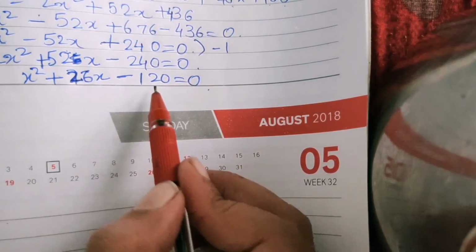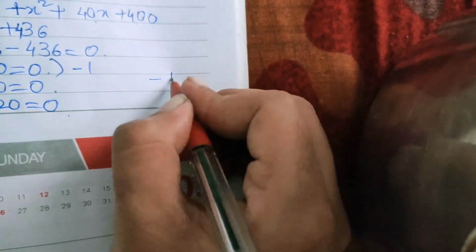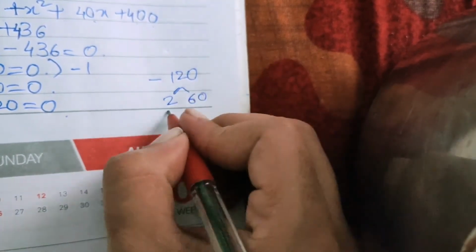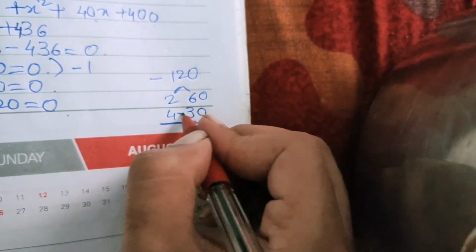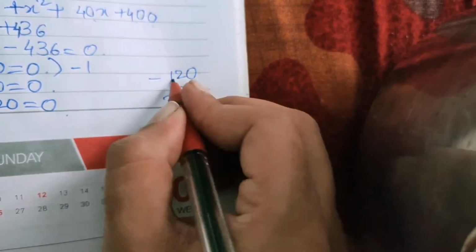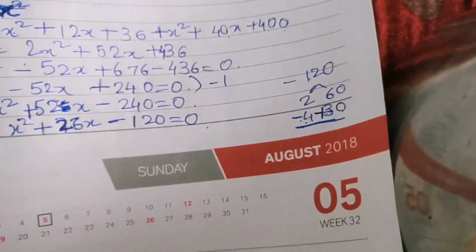So now we will find factors of minus 120 such that the sum is 26. If we take plus 30 and minus 4, plus into minus becomes minus, and the sign of the bigger number is plus.